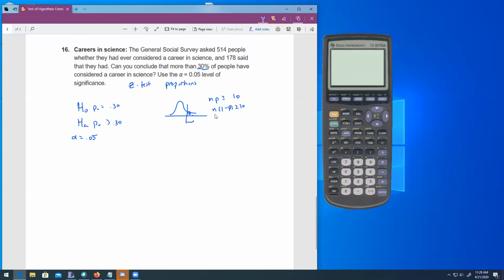Okay, so what we're going to do is say 0.30 times my n, and 1 minus. So if something costs 30 cents, it never does, but just in case, you put down your dollar. How much change do you get for your 30 cents? Okay, and both of these are going to be bigger than 10.